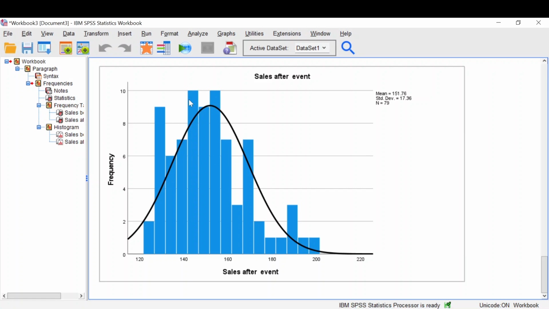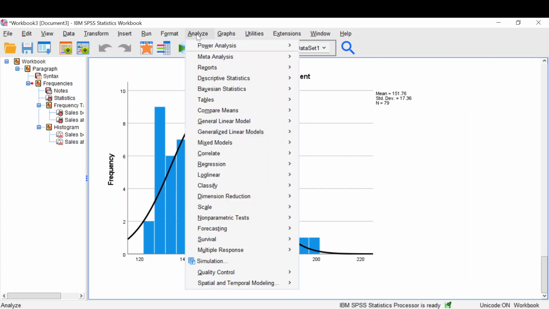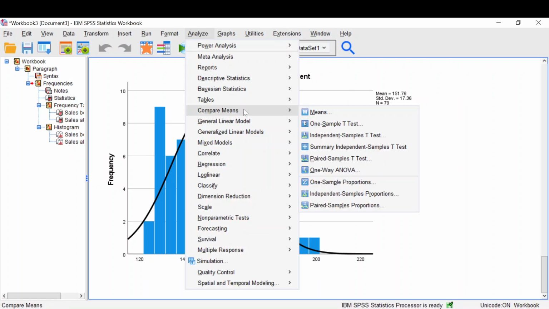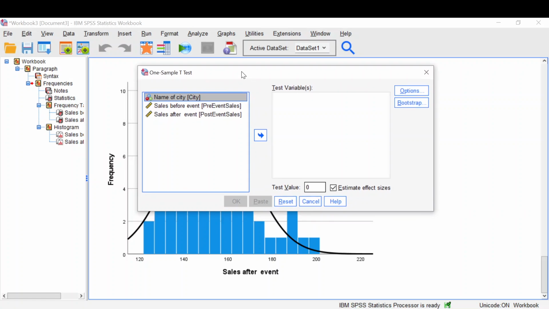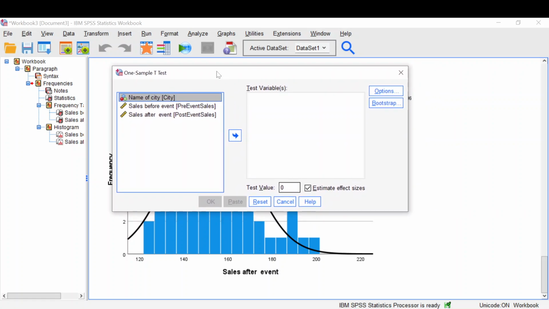So after we've done that, we then can go into Analyze, Compare Means, and this time we're going to choose one sample t-test. And we have to think about, at this point, what is our research question and what are our null and alternate hypotheses.